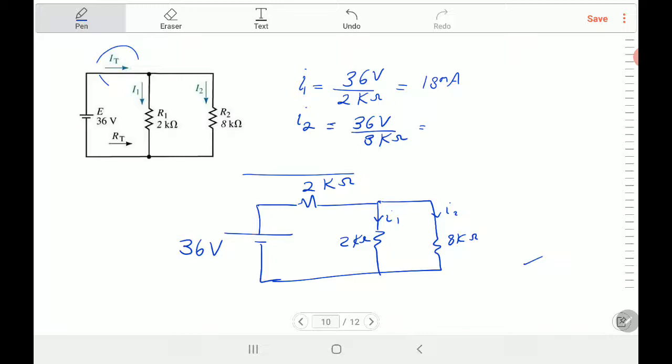Why go through the current divider? I just divide the voltage by the resistance, because this voltage is the same applied to this resistor and this resistor. But in this other case, the voltage is not applied to this resistor, because there is one in series. Surely this resistor will take some voltage out of the 36, and I don't know how much is left here. So I will let you think about that, but this is easy to find I1 and I2.